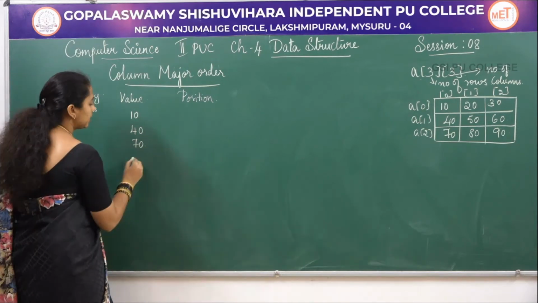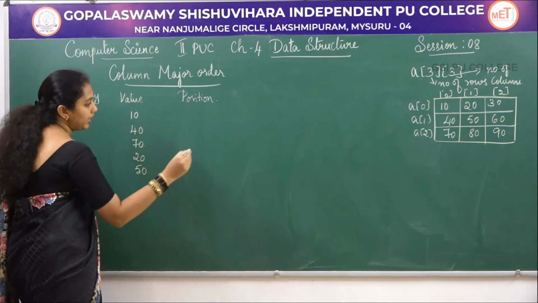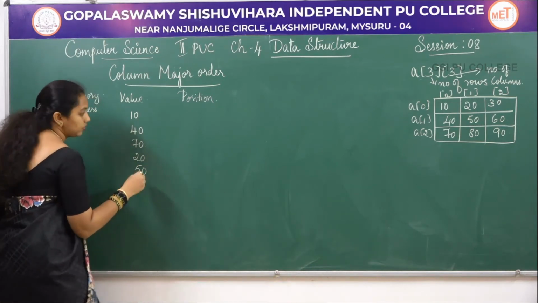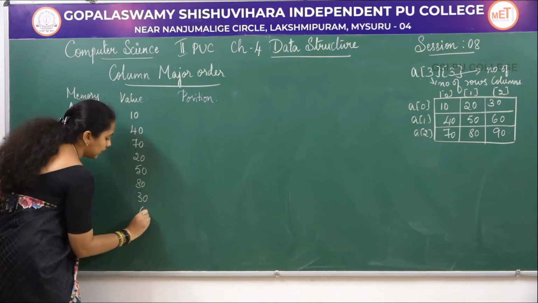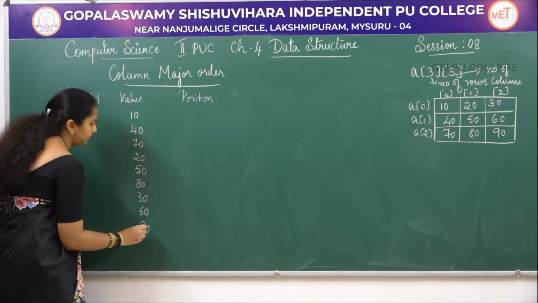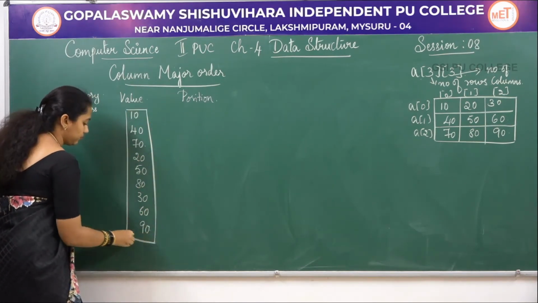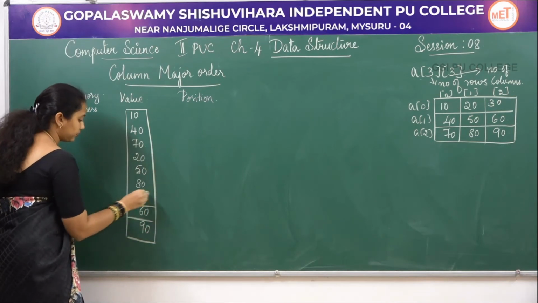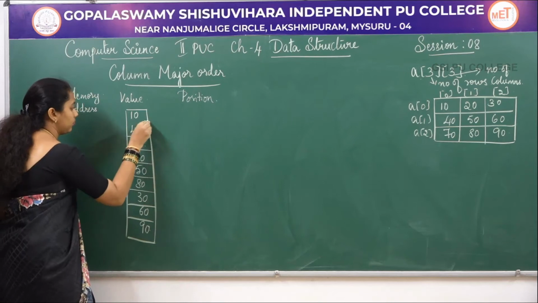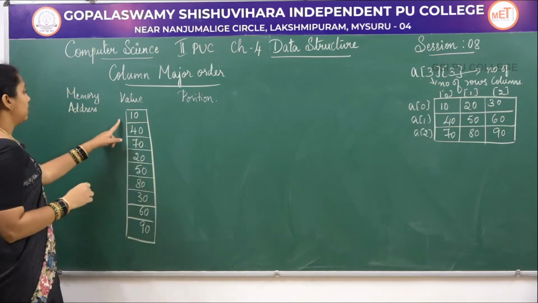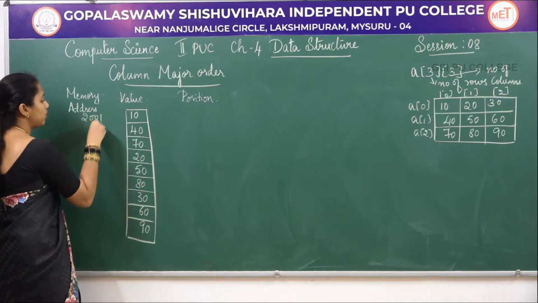Then second column elements, that is 20, 50 and 80. Then the third column elements, that is 30, 60 and 90. So let the memory address of first element be 2001.